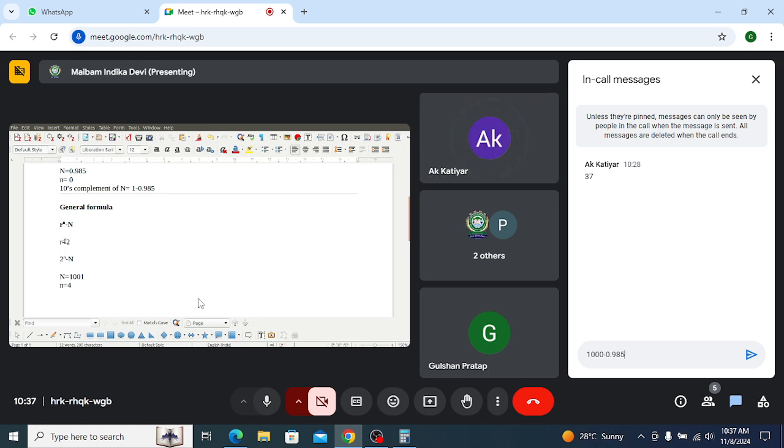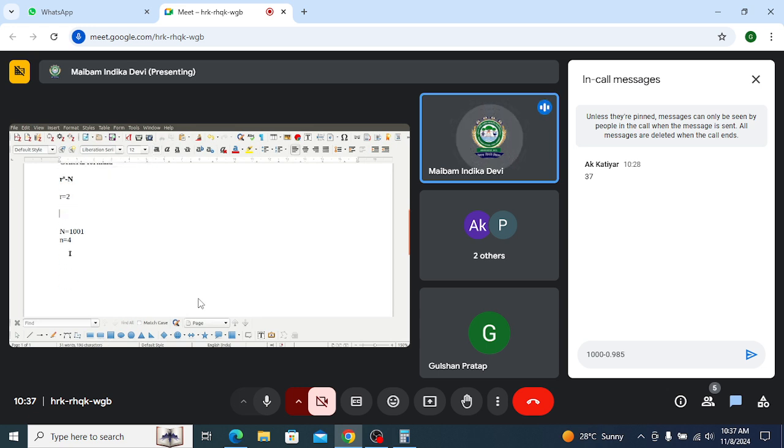Now let's apply the formula r to the power n minus n. Here r equals 2, so the formula is 2 to the power n minus n. So to find, it will be called the 2's complement. 2's complement of n equals 2 to the power n minus n. So it will be equal to what? 2 to the power what? 4.